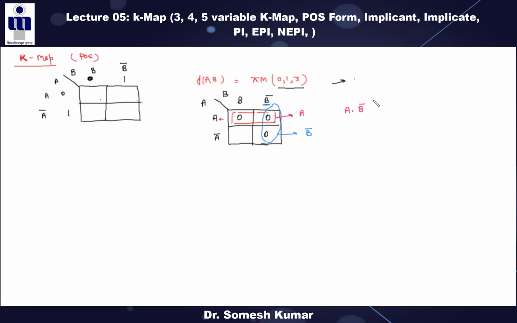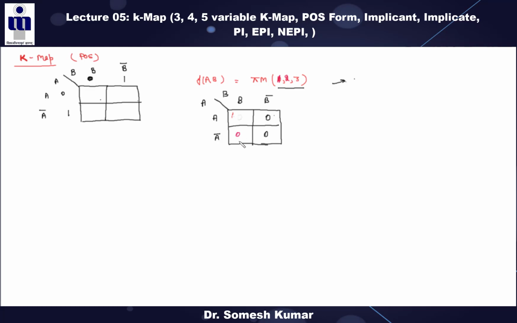Okay, so we'll take one other example. Suppose in this example the max terms are 1, 2, 3. So now these are your zeros. This is 0, 1, 2, 3.